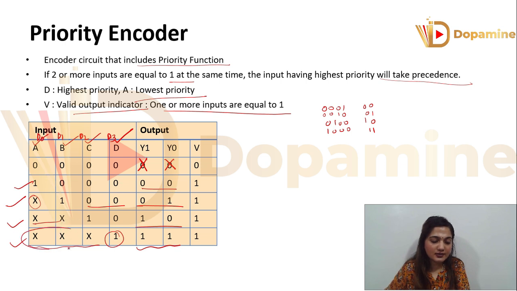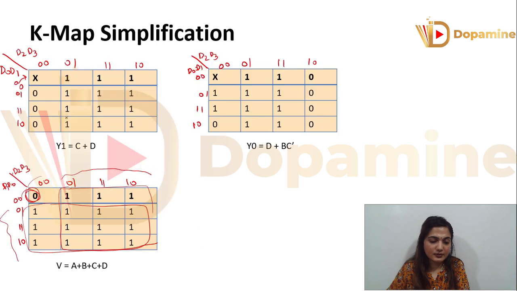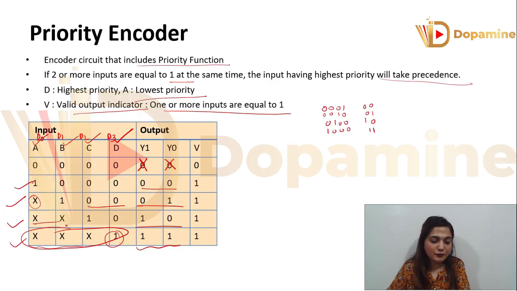So in this case we can keep all of the X to be 0 and D to be 1. So Y1 is 1 in this case, so you are going to put Y1 as 1. Now for 0 0 1 1, I am going to take these two as 0 and this X as 1 and this as 1. So again Y1 is 1.